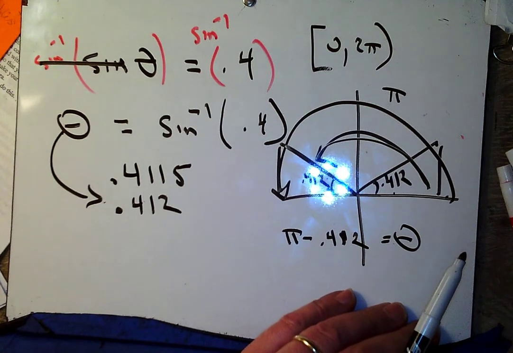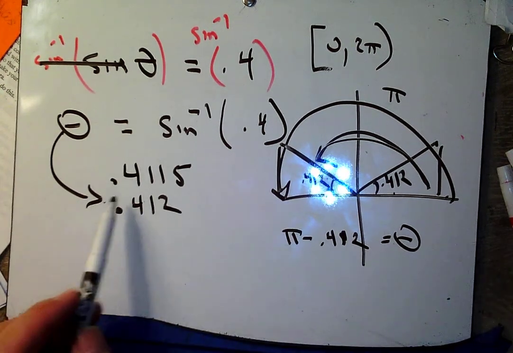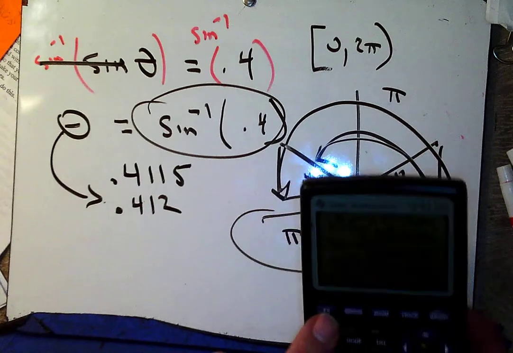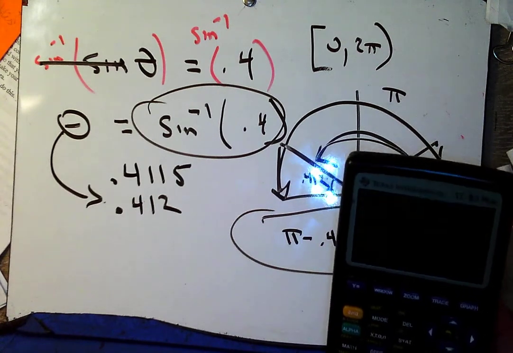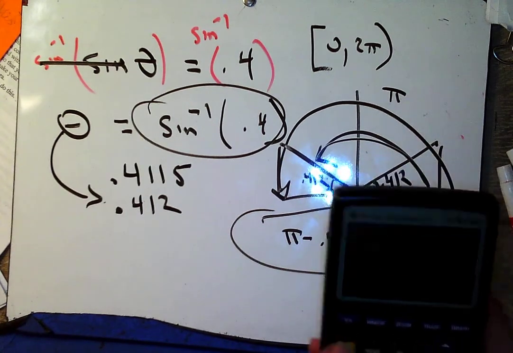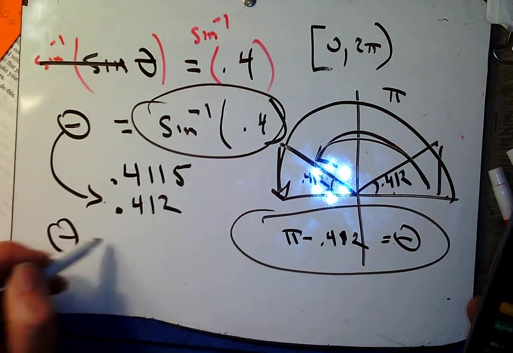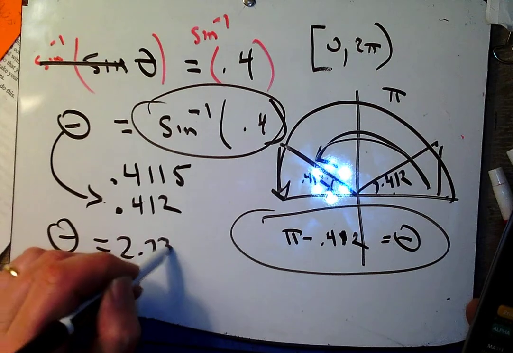Now, this was dreadful when I was in high school math, and it's dreadful now. So yes, we can do this old school and find our two solutions: pi minus 0.412, and I get the second solution would be 2.730.